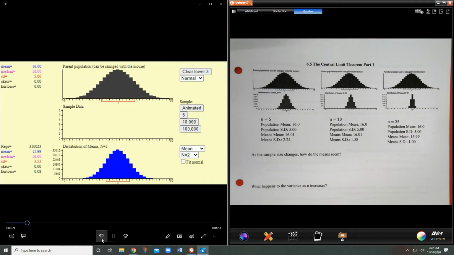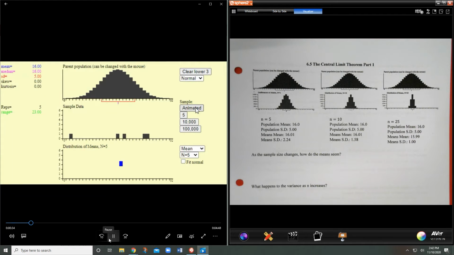Let's do another one. This time we are going to take samples of size 5. If we continue to take lots and lots of samples of size 5, notice again that our distribution became normal.